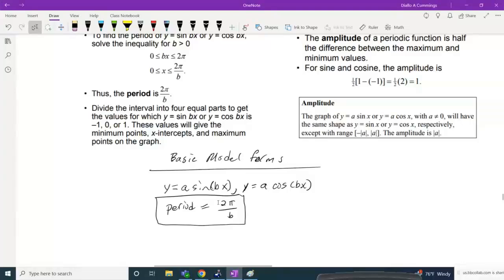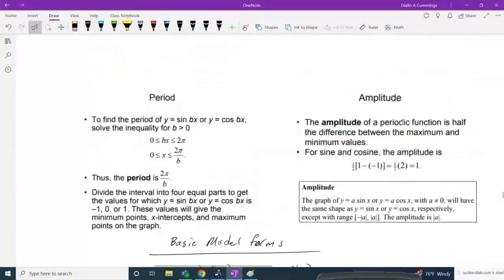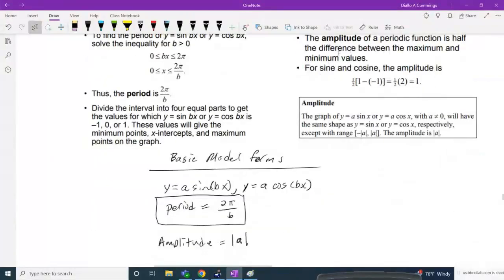The amplitude is going to equal the absolute value of a. So what is the amplitude? Well, the amplitude is the difference between the maximum and the minimum values. It's basically the height of your trig function.